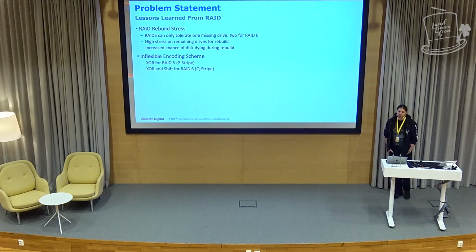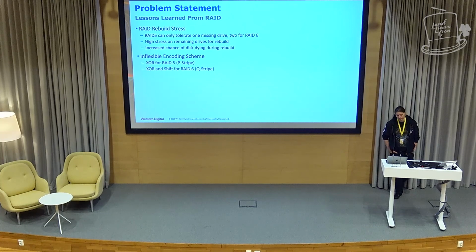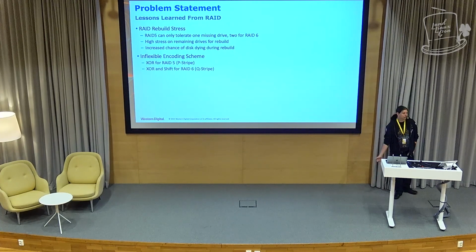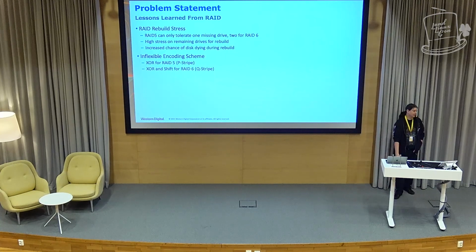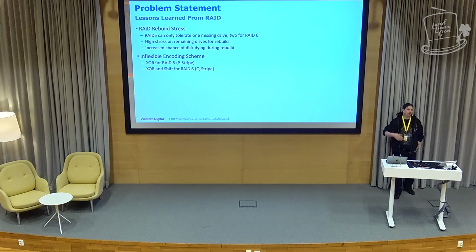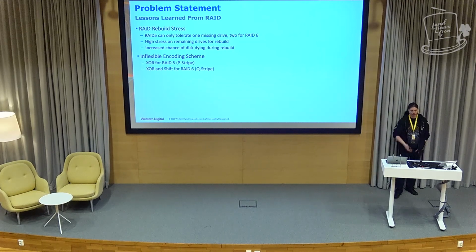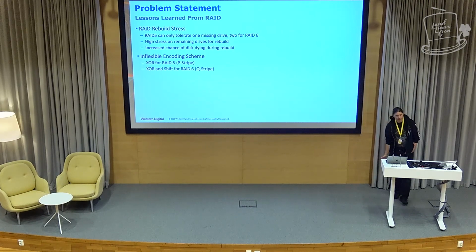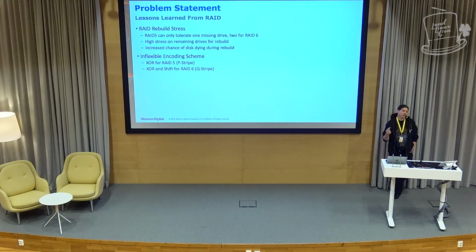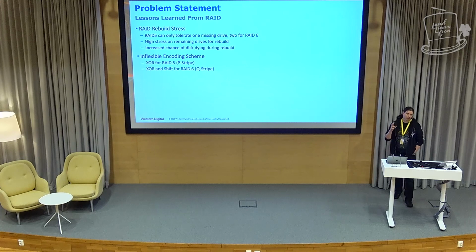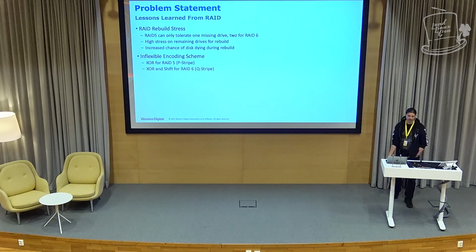Another problem common to all RAID implementations these days is the rebuild stress. If one drive is failing and you just rip it out of the system and place the next drive in the system, you have to rebuild the RAID. So all drives in the array will get reads to rewrite the new drive. This stress makes it likely that one of the good drives starts failing as well.